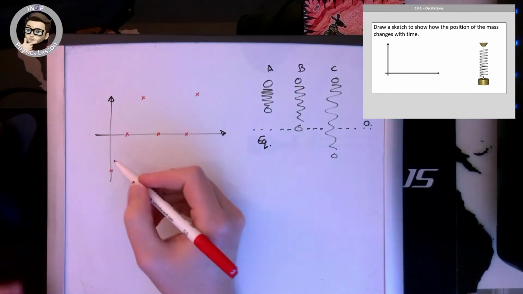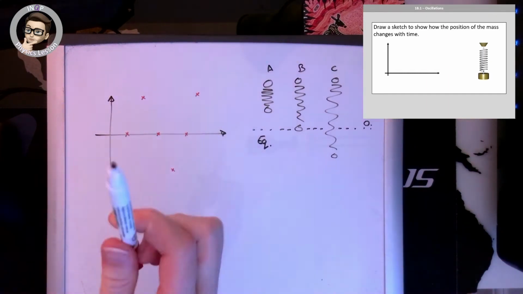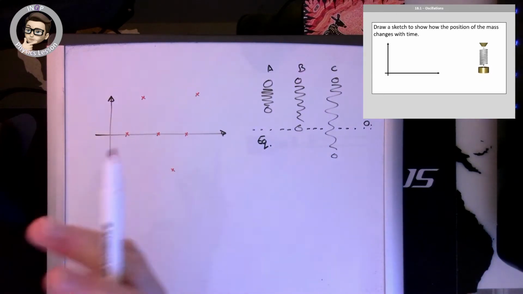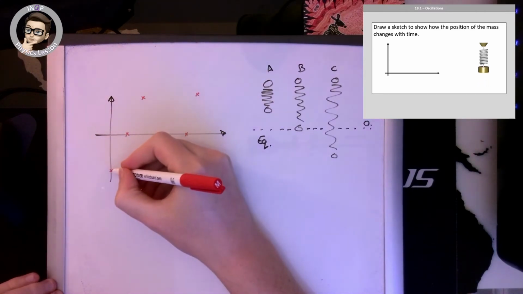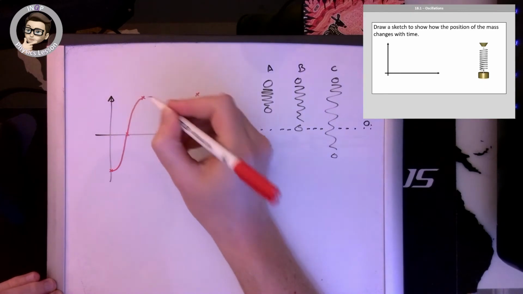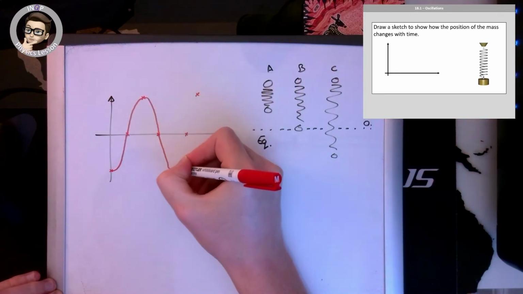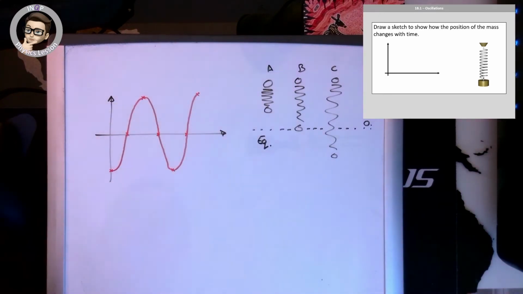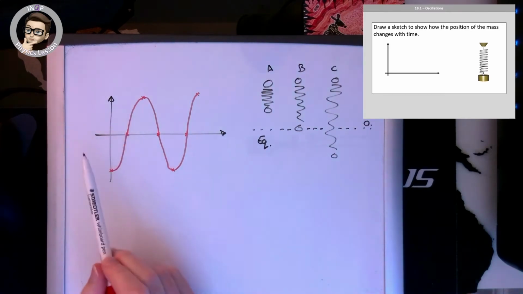Now it's not straight lines, because if you watch the animation very carefully, it's accelerating and decelerating at either end. It doesn't just stop, it slows, and then it speeds up again. So that means that we're going to end up with a curve. So hopefully you've ended up drawing, in this case, if I'm correct, a negative cosine curve. It doesn't matter whether you end up with a sine curve or a cosine curve.